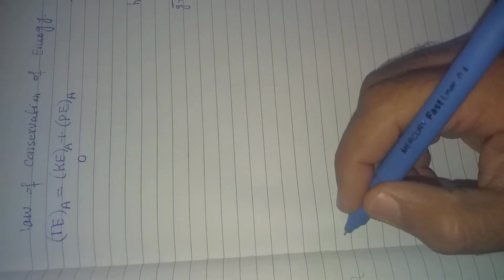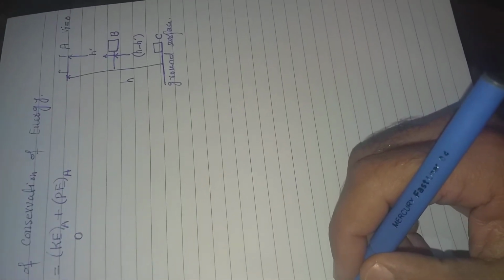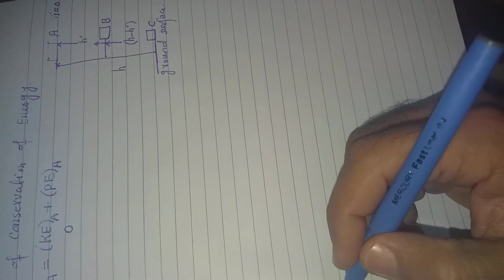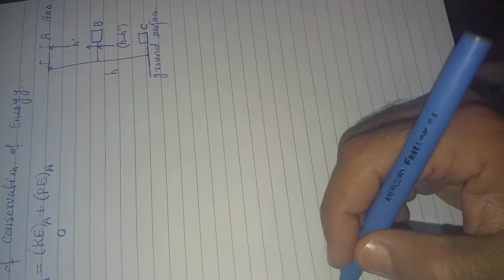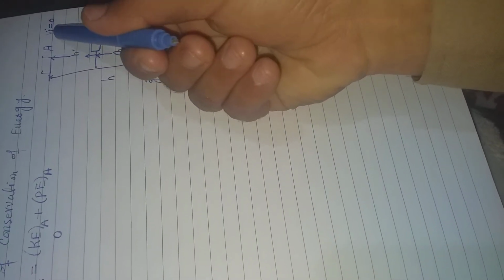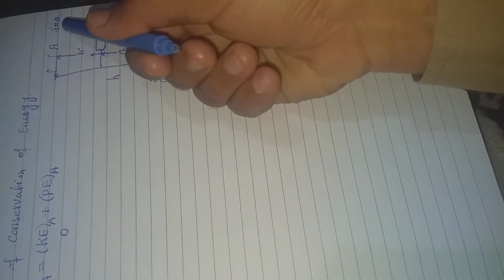The object at point A is at rest, so its initial velocity is 0. When the velocity is 0, it means there is no motion. So no motion means that there is no kinetic energy, because kinetic energy is concerned with an object having some motion. But as the initial velocity of the object is 0, there is no kinetic energy, but it has some potential energy.